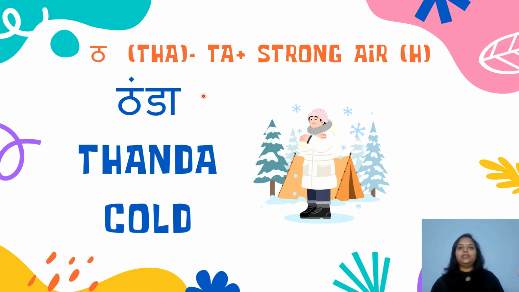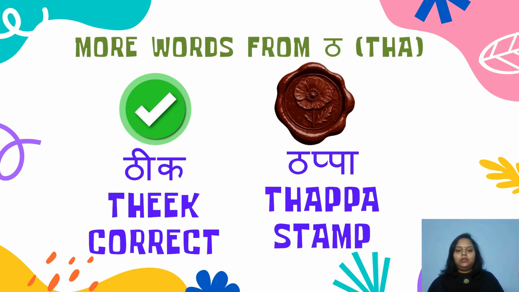The next Hindi consonant is tha. As I told you, after ta comes tha. When we add a strong air or an h sound to our previous consonant ta, it becomes tha. The word starting from tha is thanda, that is cold.